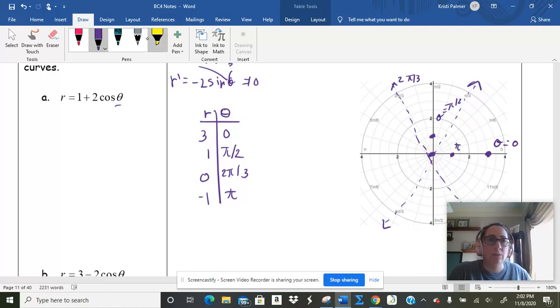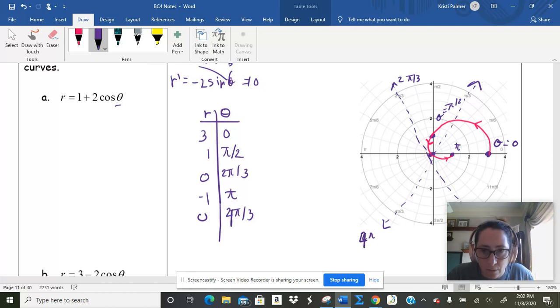So as I see what's going on, I am moving in this direction, hit here. Now I'm going to have to loop to get to the pi. Let's keep going. So then after the pi, here's 4 pi over 3. Gives me a 0. So now I'm back at 0.